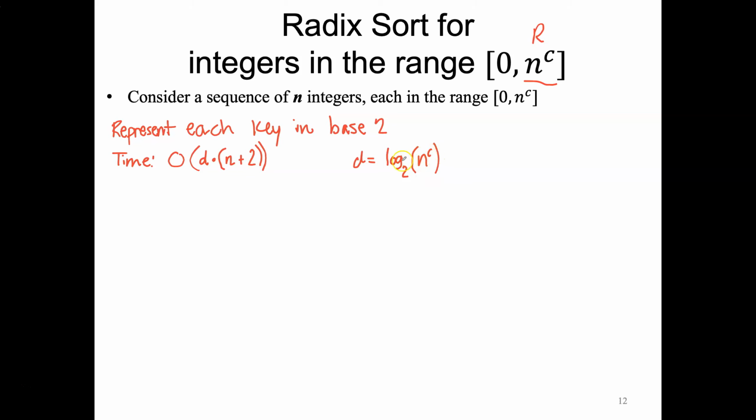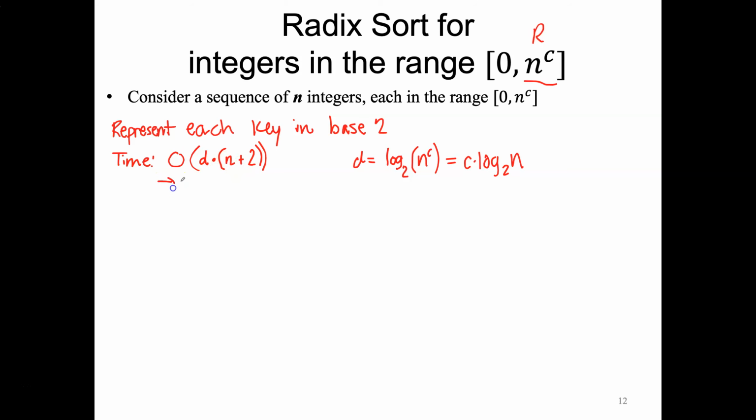Now, we could take this power and just use those rules of logarithms. We know this is equal to c times log base 2 of n. But this still isn't good, because if we plug this in now, we've got d, which is some constant, times log base 2 of n, times n.